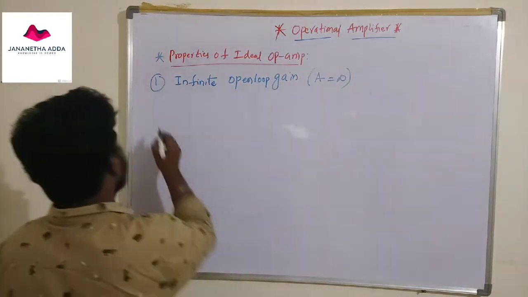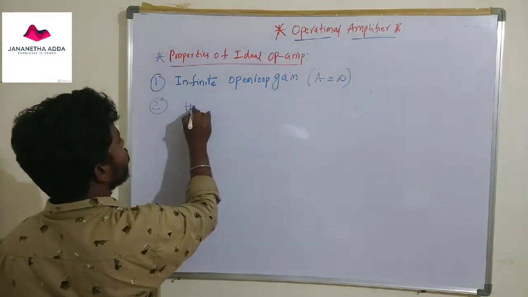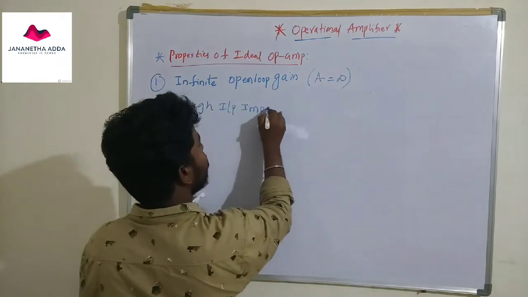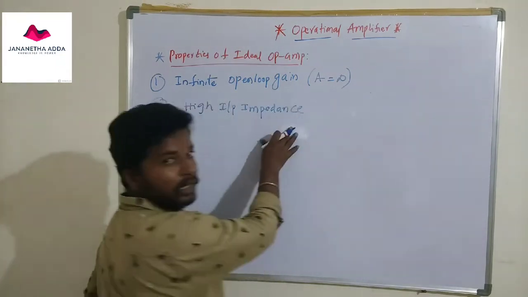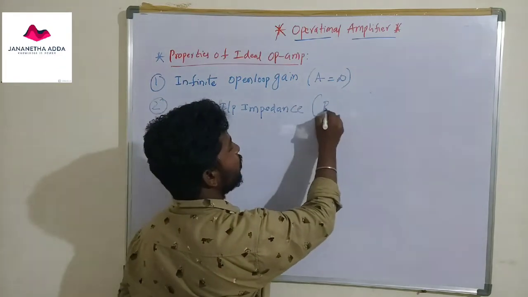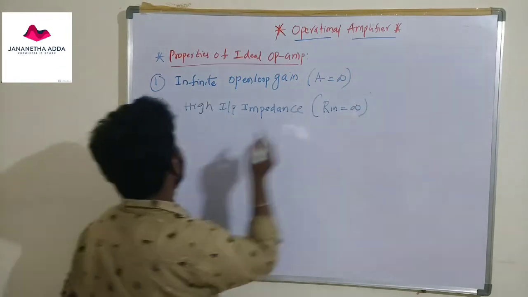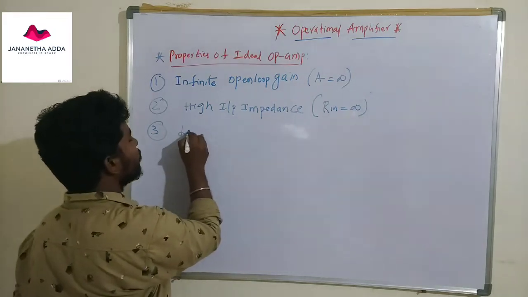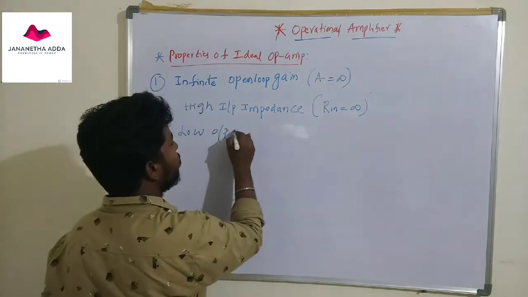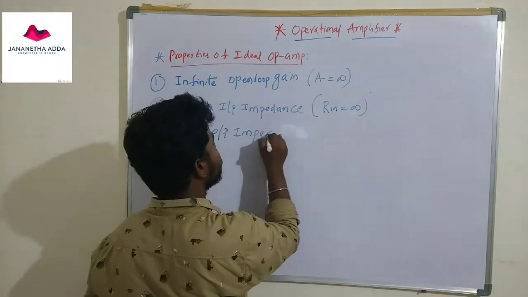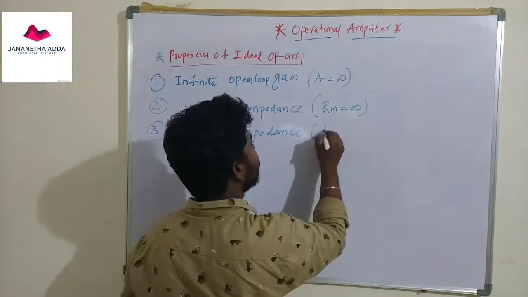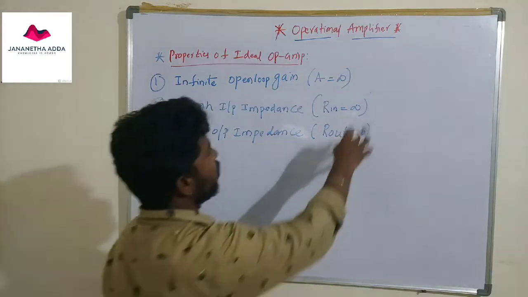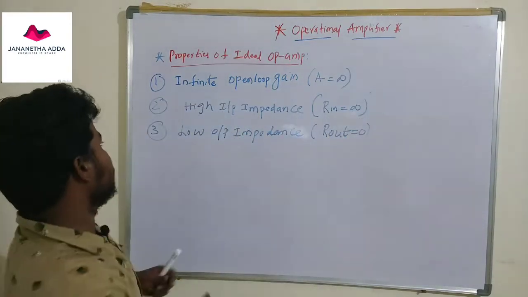It also has high input impedance, that is Rin equals infinity, and low output impedance, which is practically 0, ideally 0. All these properties we have discussed in the last session.